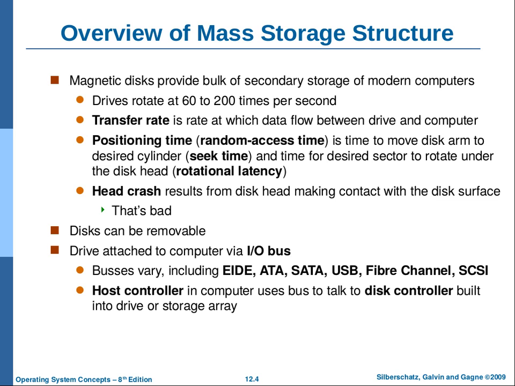Mass storage systems. So this is still kind of an odd time to be discussing this because most mass storage systems still use magnetic disks, although solid state drives have been steadily eating away at the storage space.